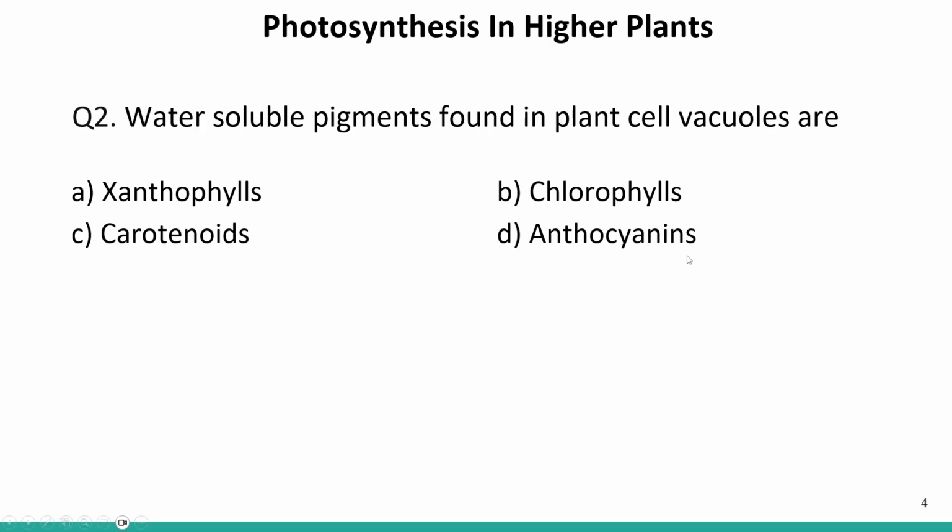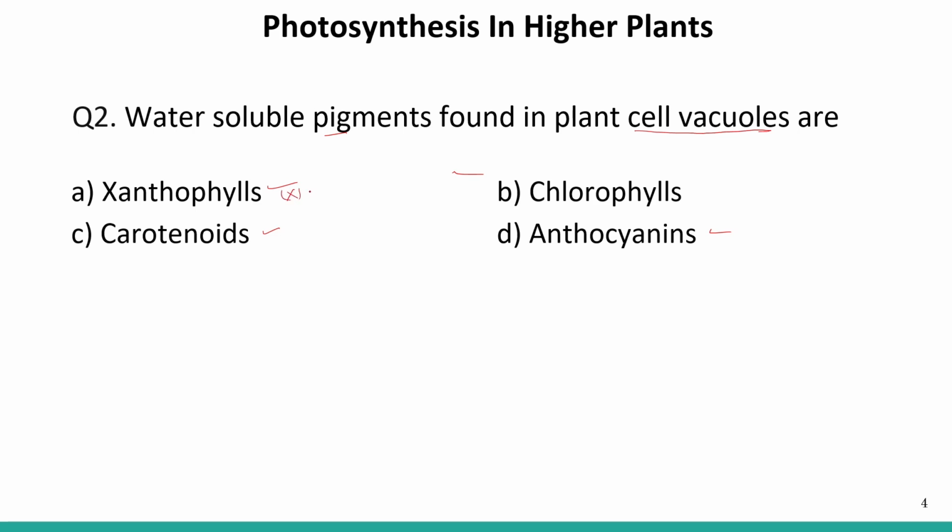The next question is, water-soluble pigments found in the plant cell vacuoles are, options are xanthophyll, chlorophyll, carotenoids and anthocyanin. So xanthophylls are not water soluble, so this is not the correct answer.